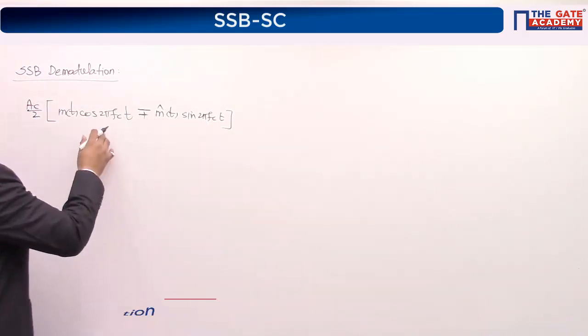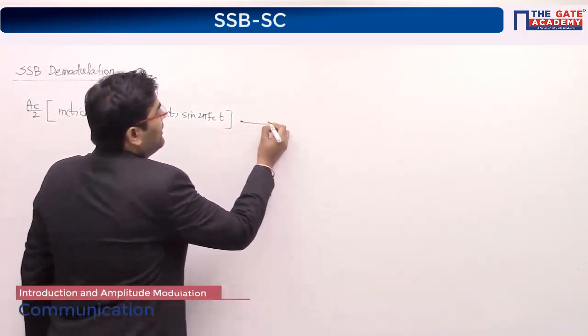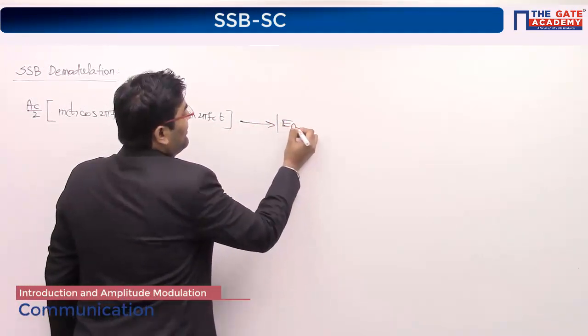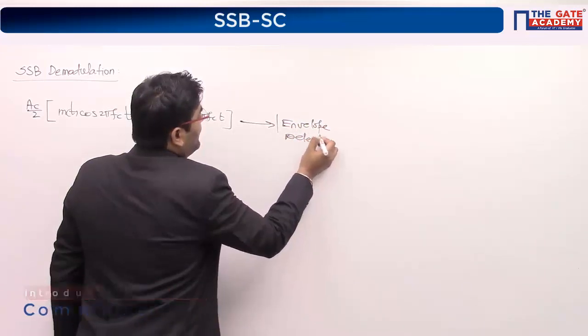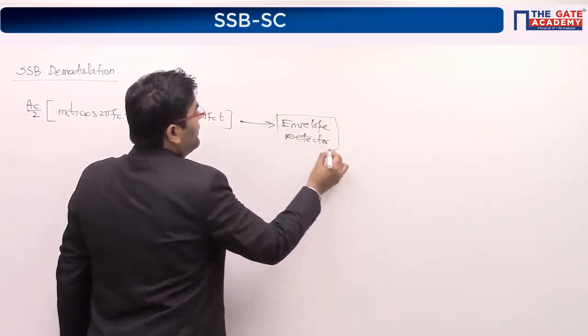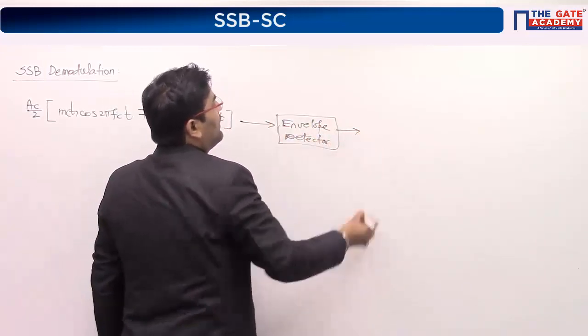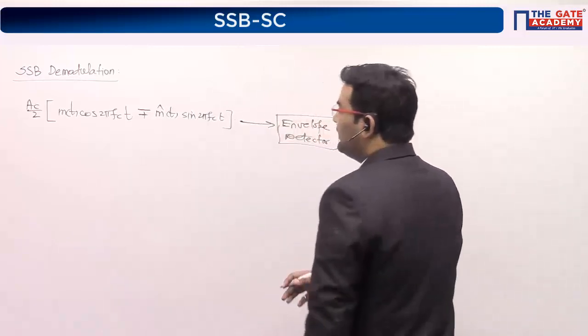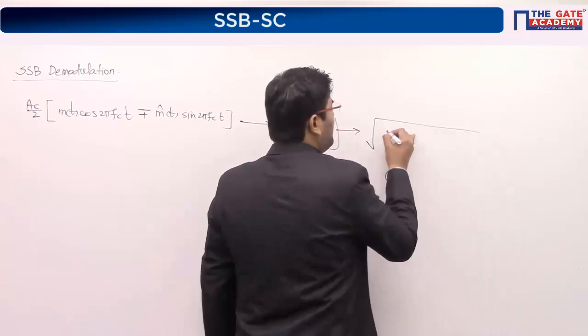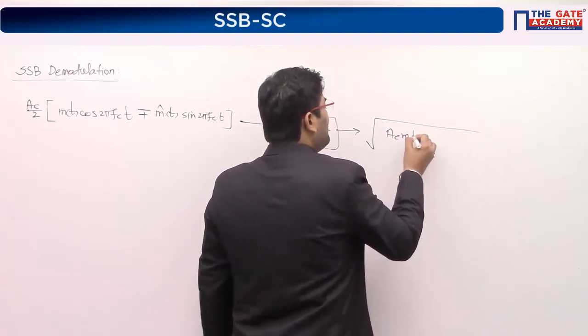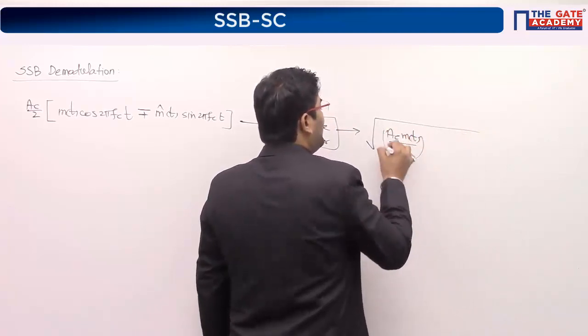If you give this signal to an envelope detector, what will it do? It will take the coefficients and square them. It will become Ac m(t) by 2, whole square.